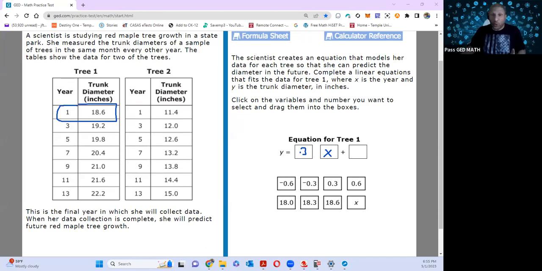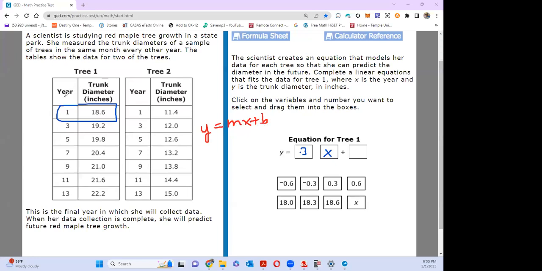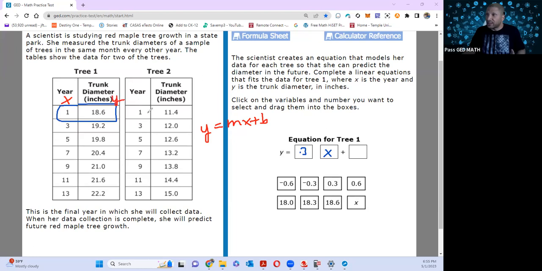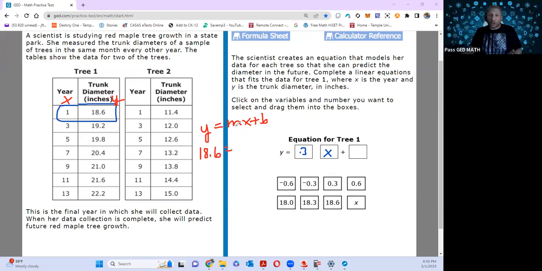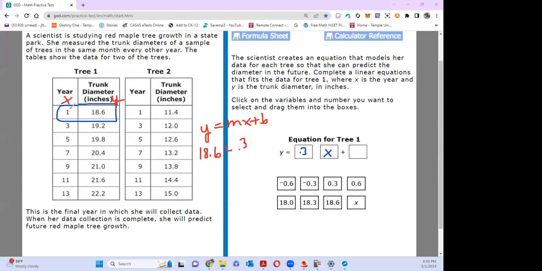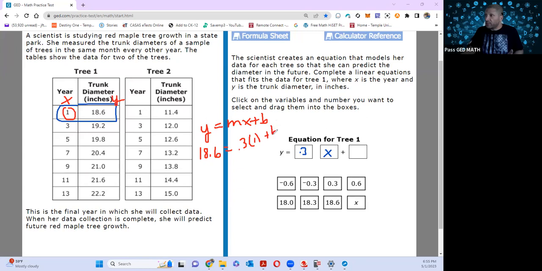So again, what are we going to start with? y equals mx plus b. If we grab a point, that's my x, that's my y. So 18.6 is equal to our slope, 0.3, times our x, which is 1, plus b.